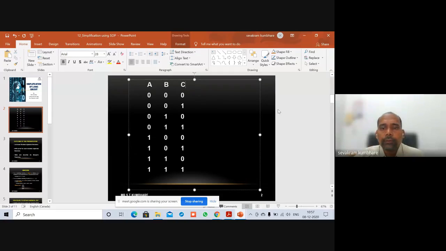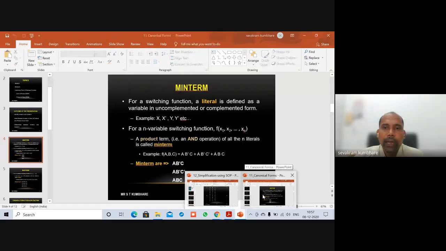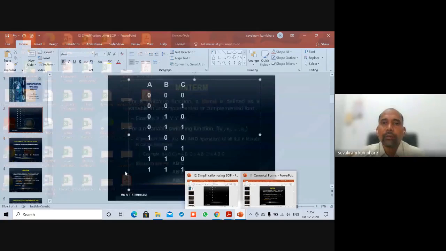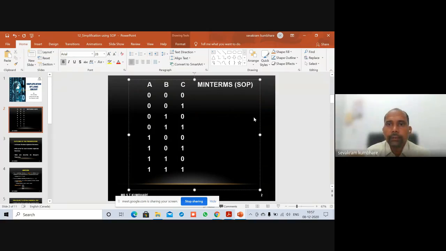So in sum of product we can have minterms, and in product of sum we can have max terms. So the minterms can be written like this. For 0, 0, 0, it can be A bar, B bar, C bar.